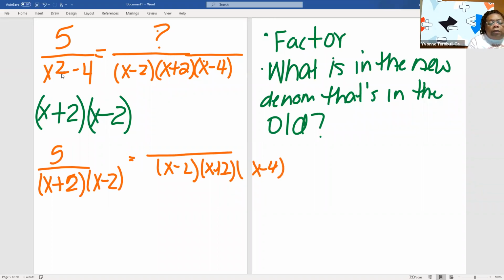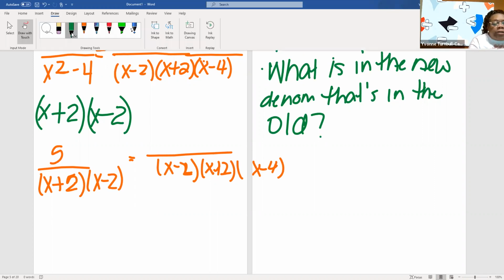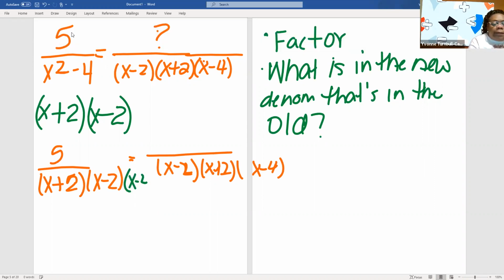So when I wrote my factored form of my old denominator, I noticed that they're almost the same, but they're missing what? This one doesn't have an x minus 4. So I need to multiply that by x minus 4 in order to get the new denominator. That means I need to do it up top as well. So now you know the denominators are the same, but I need to go ahead and multiply.